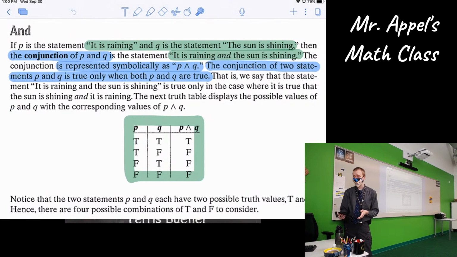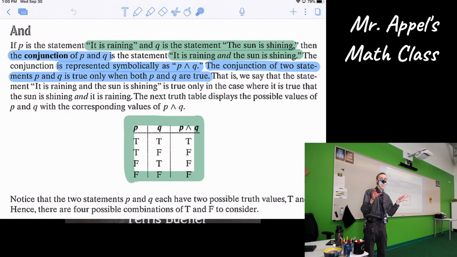Or, think of this example. If you are looking for a relationship, interested in finding yourself a boyfriend or girlfriend, you might have some criteria that you want, right? They must be attractive, beautiful or handsome. They should be smart. Maybe they want them to be a good cook. They should be funny.